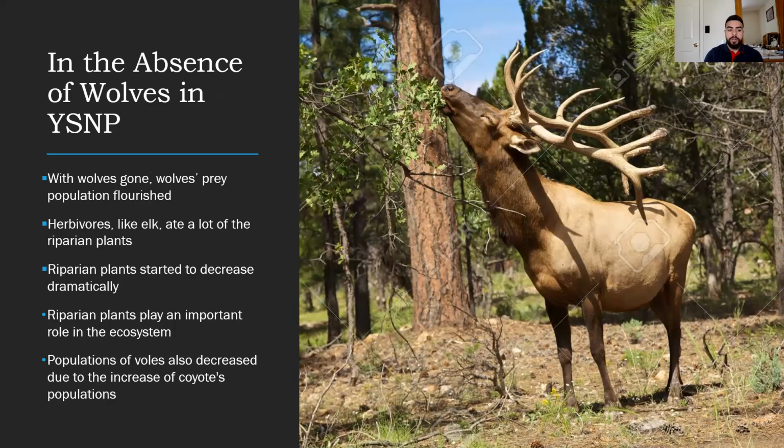In this case, riparian plants were the victims of this equation. In another scenario, the wolves were removed, and their competitors, coyotes, also grew, and this meant that whatever the coyotes fed on, which was mainly rodents, including voles, these populations also started getting hit by a major decrease.